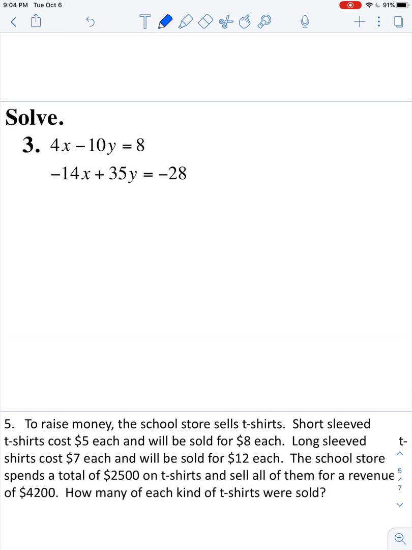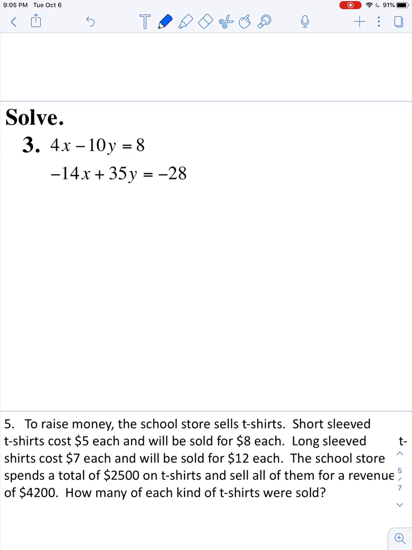Wow, this one looks like a doozy. So when I take a look at this problem, it's in standard form. So I am going to leave it in standard form, not try to do substitution because it was really tricky to get one of the x's or y's alone.